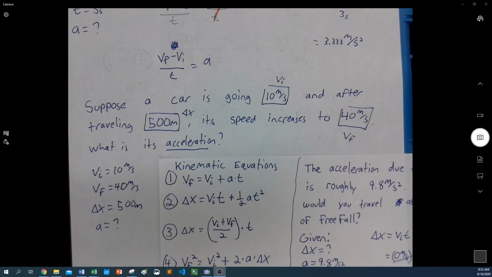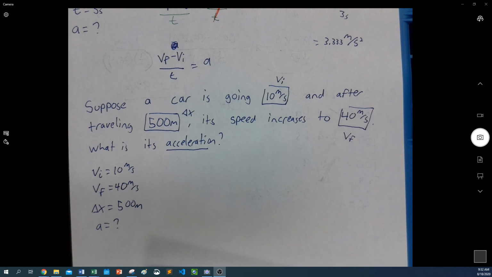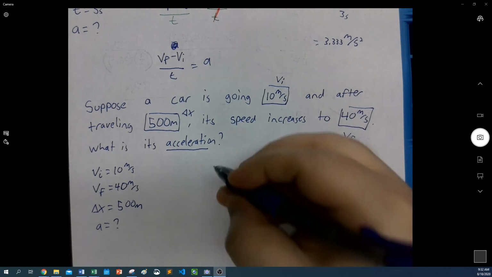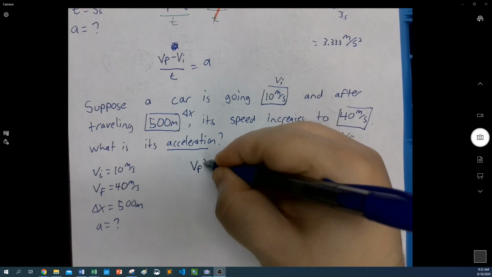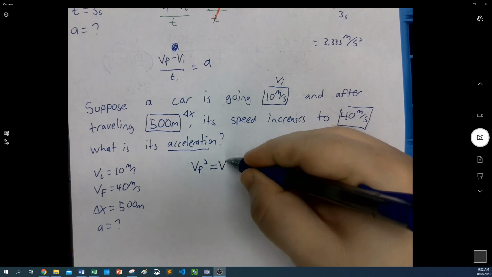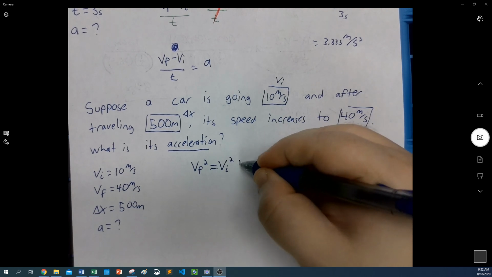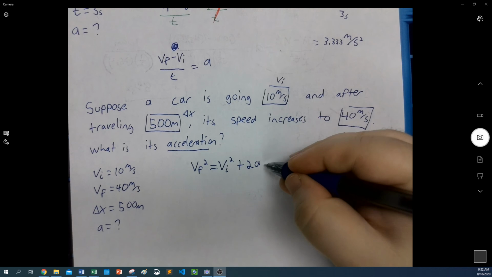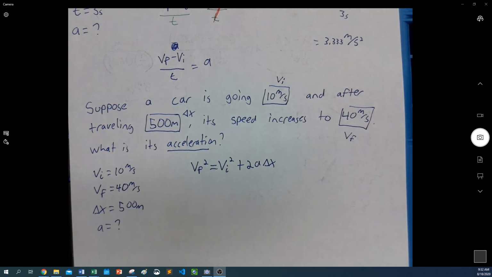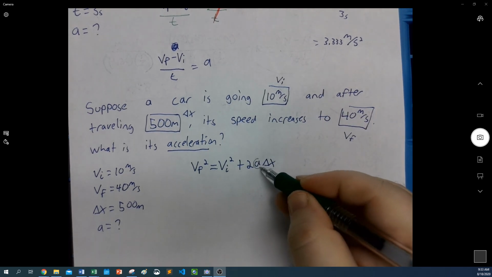So, which equation will we use? The fourth one, very good. So we have VF, VI, delta X, and we need to solve for A. So copy down our equation. And we're solving for acceleration.